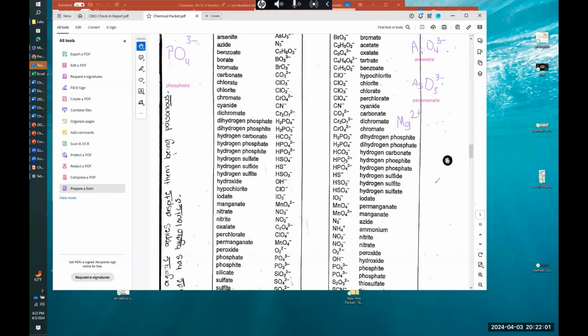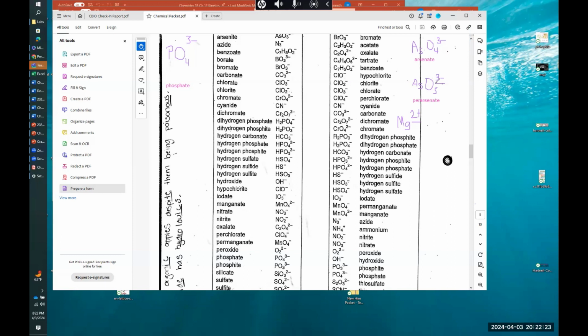Wouldn't you just stick the O5 3 minus charge with the Mg 2 plus? So you have to put the As too, because that all together is acting as perarsenate. Oh, perarsenate, okay. But what are the charges? This is a 2 plus, and that's a 3 minus. Are those charges balanced? No.